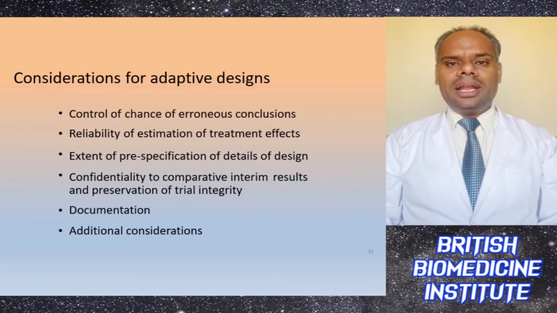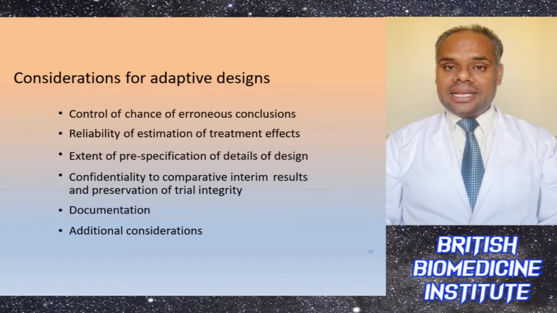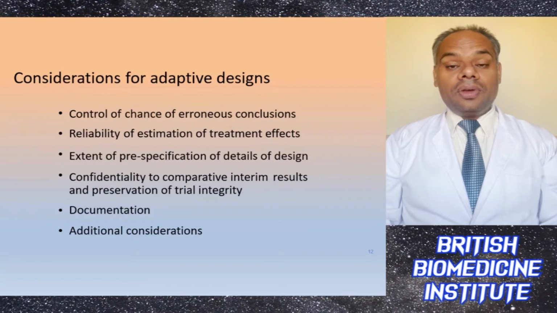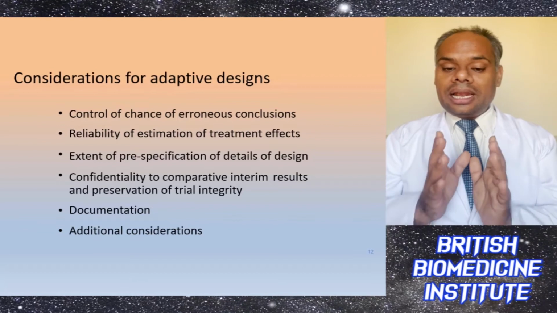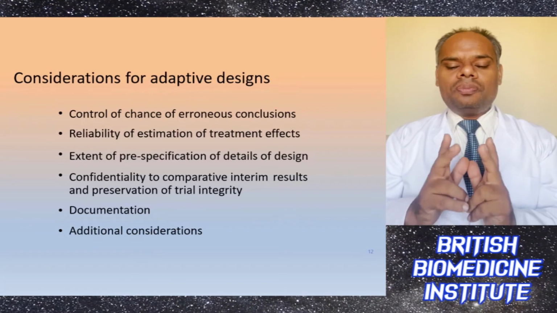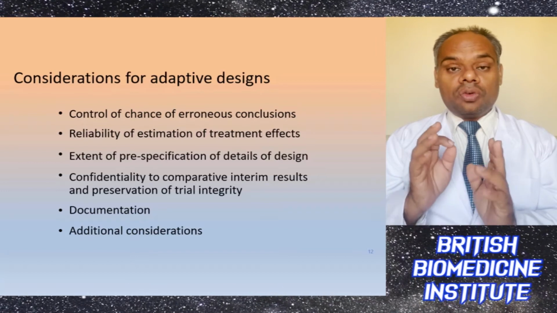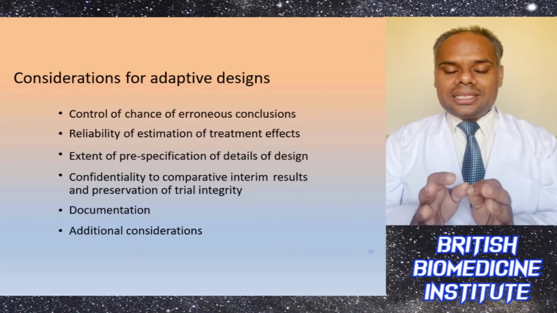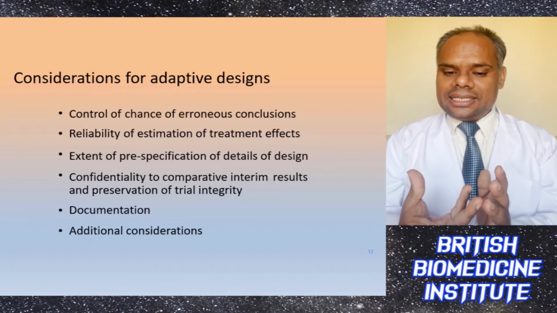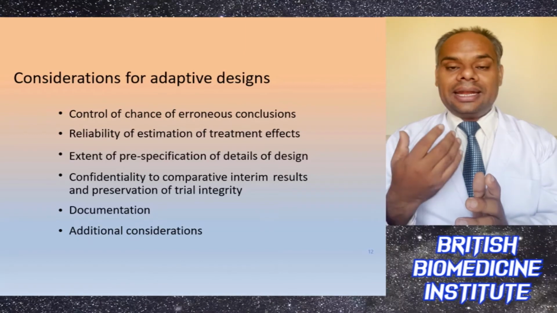So there are a lot of considerations for adaptive designs, like control of the chance of erroneous conclusions, reliability of estimation of treatment effects, extent of pre-specification of details of design, confidentiality of comparative interim results, and preservation of trial integrity, documentation, and additional considerations.